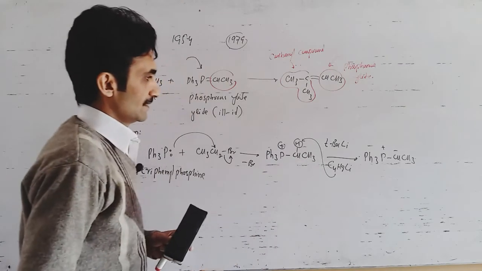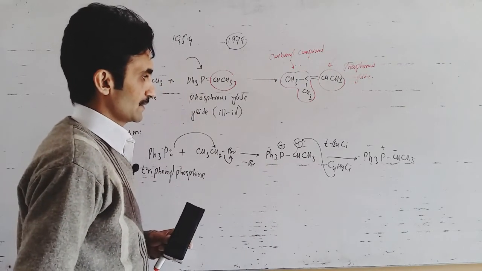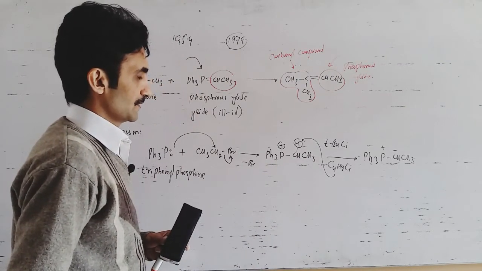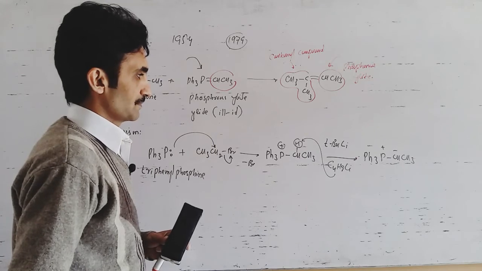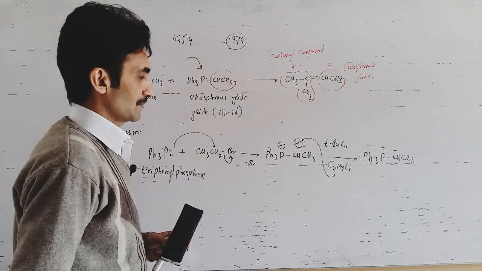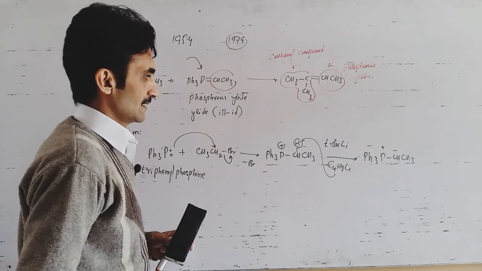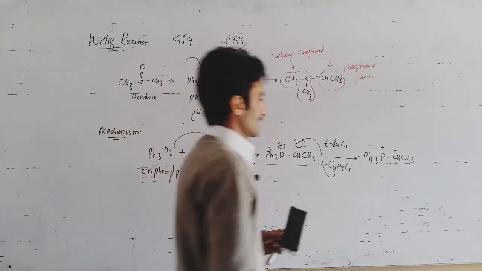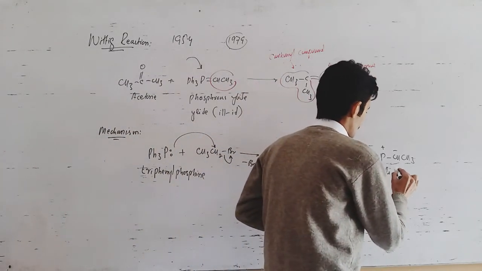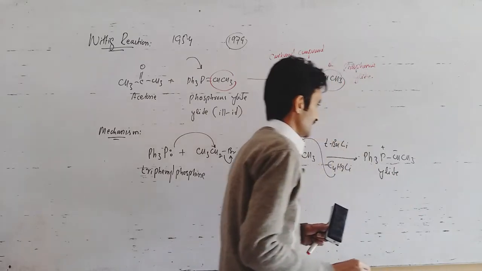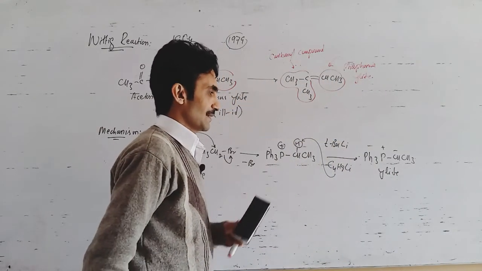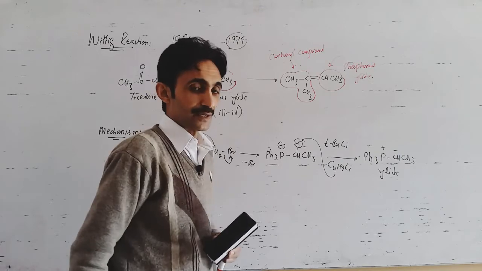This is not a charged species in the usual sense; it is a compound in which there are positive and negative charges, but as a whole they are neutral. Such a type of compound is known as an ylide. As in this ylide there is the presence of phosphorus, we call it a phosphorus ylide.